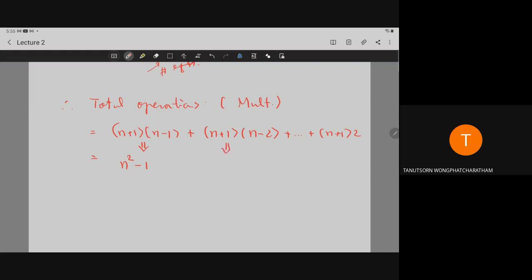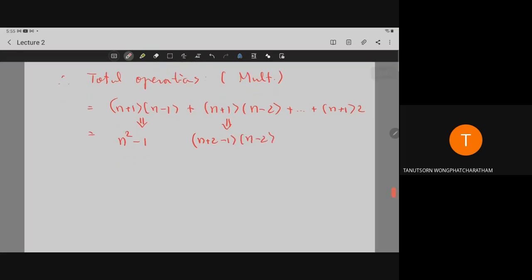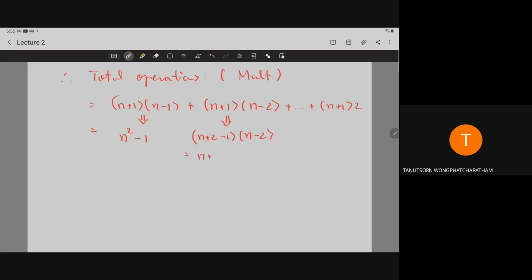Okay, the second term, we can write it as n plus 2 minus 1 multiplied with n minus 2, which is equal to n plus 2 times n minus 2. Wait, I think there's a formula like this.